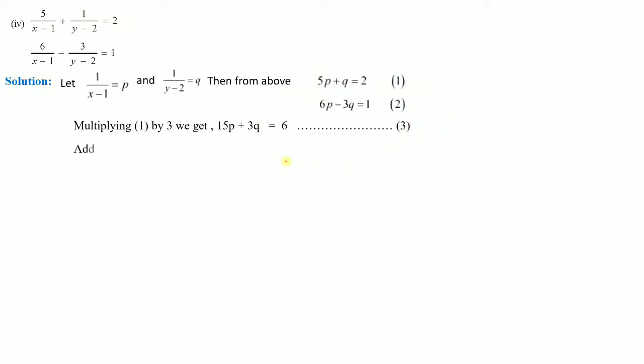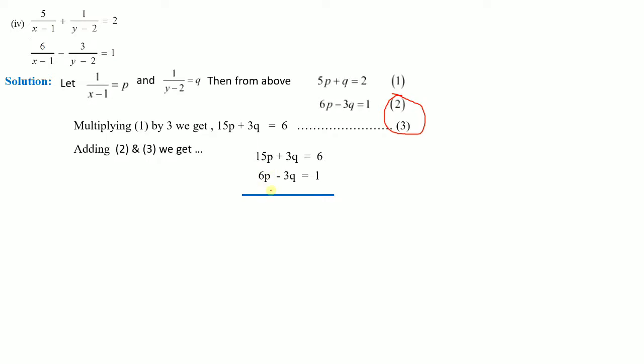Next is adding 2 and 3. Now we have these two equations, 2 and 3. So we'll write first 15p plus 3q is equal to 6, and the second is 6p minus 3q is equal to 1. So what we are going to do? We are adding. Adding means no change in the sign of the bottom equation.